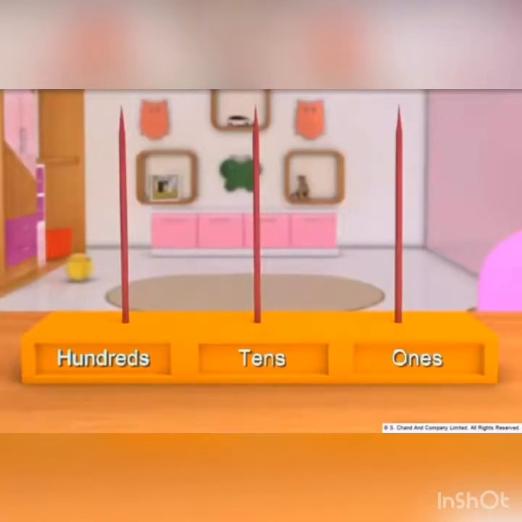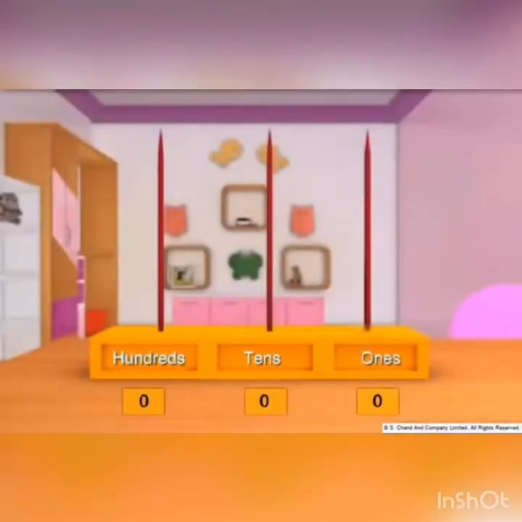The 3 wires on our abacus represent the place values for ones, tens and hundreds. When there are no beads on the wires, the abacus represents the number 0. Each bead at the ones place represents 1 unit.